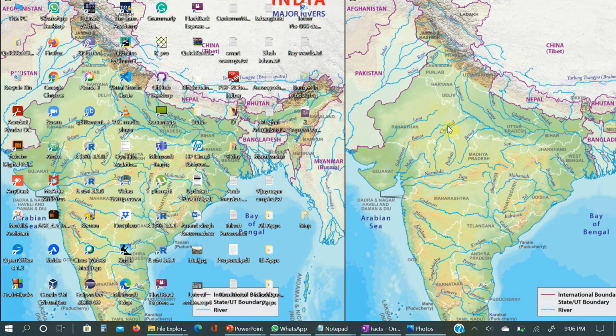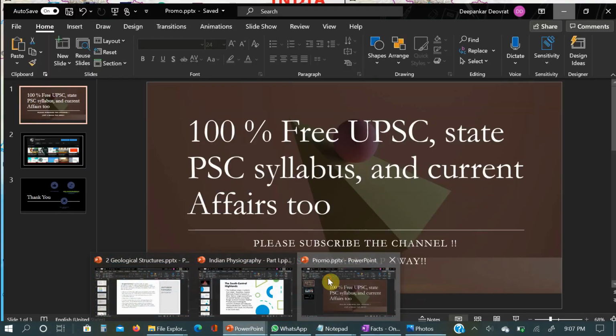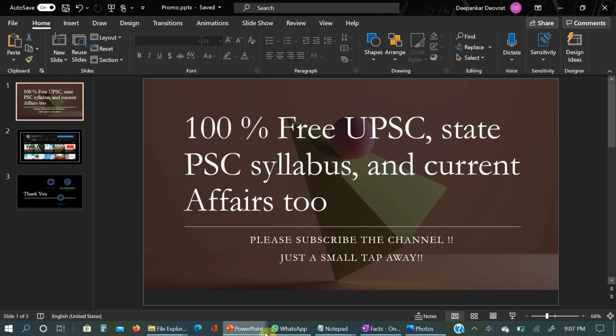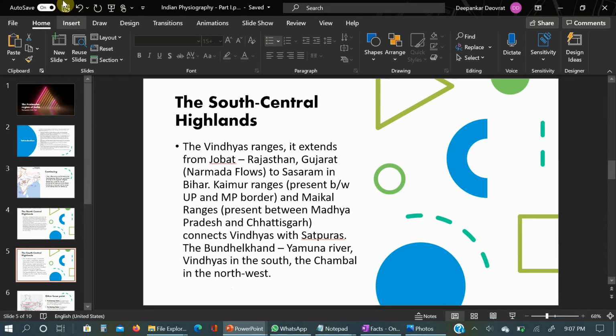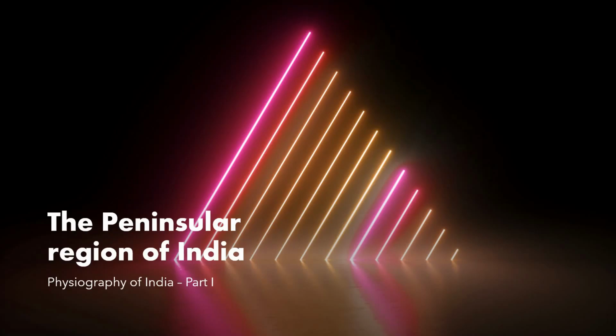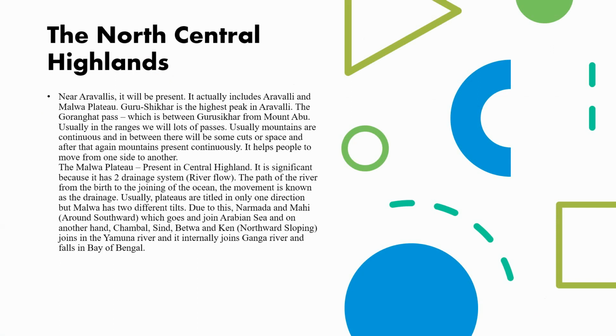It means we have two flows in these two regions: one into the Arabian Sea and one into the Bay of Bengal by joining the Yamuna river. I hope you understand the concept I am trying to explain. See, that is the Betwa, and it joins the Ganga river and falls in the Bay of Bengal.